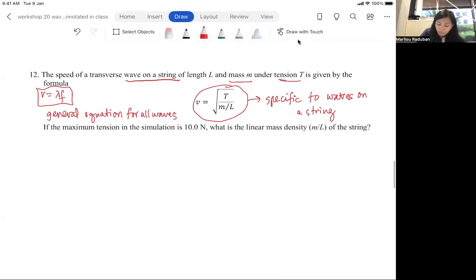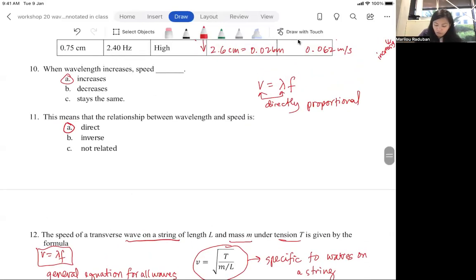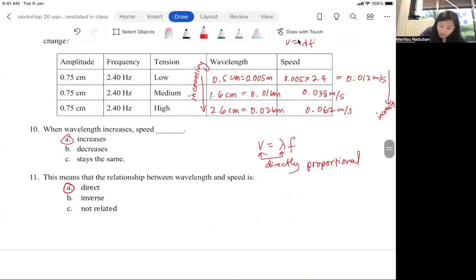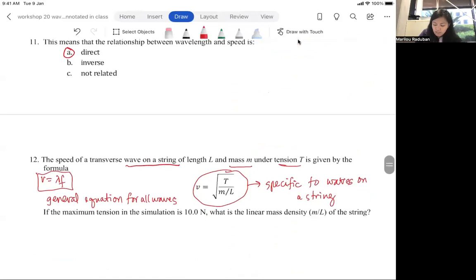And we're given that the maximum tension, this high tension, is 10 newtons. We want to find the linear mass density, M over L, of the string.